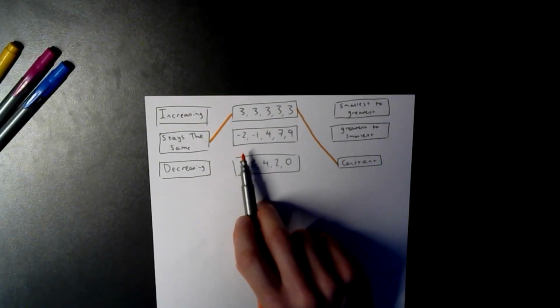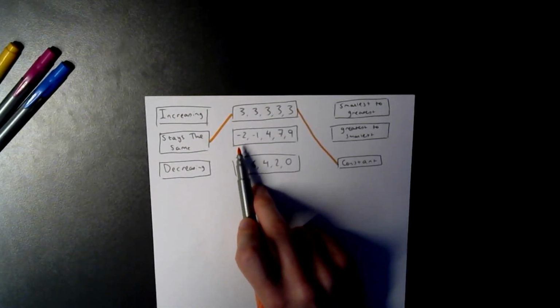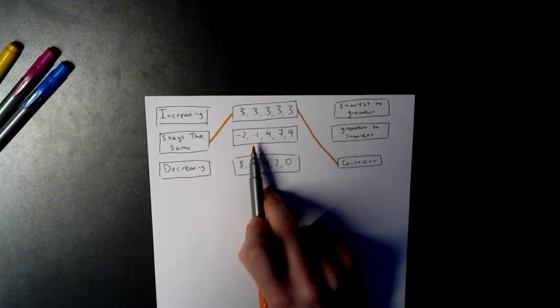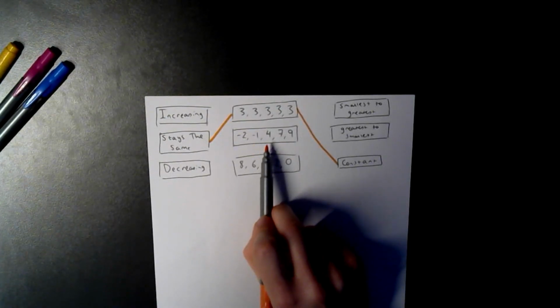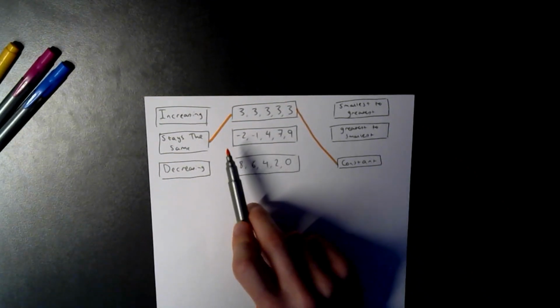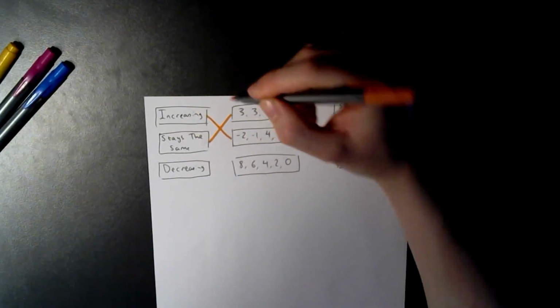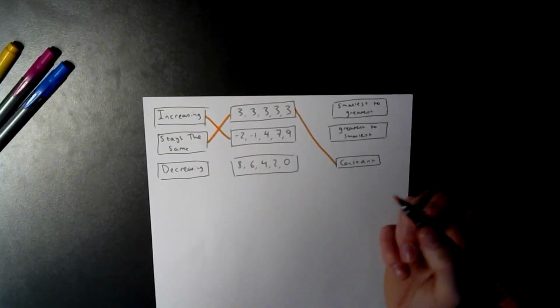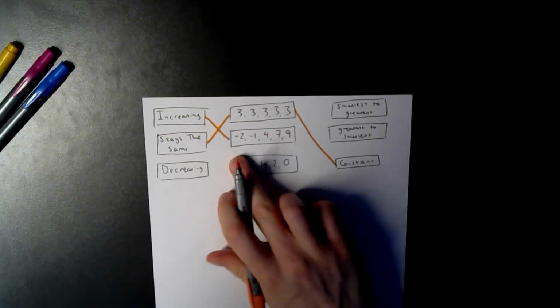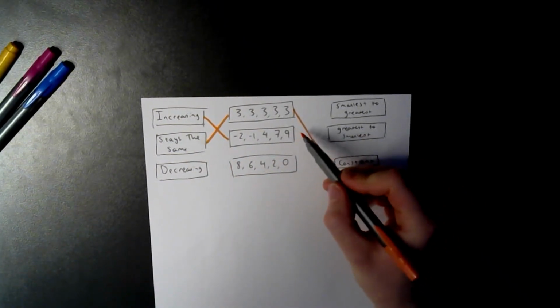What about this sequence here? Well, we start with -2, and then we go up 1 to -1. We go up to 4 and 7, so we're getting bigger and bigger. So it's increasing. And because we're increasing, it means we're going from the small numbers of -2 to the big numbers, like 9 and 7.